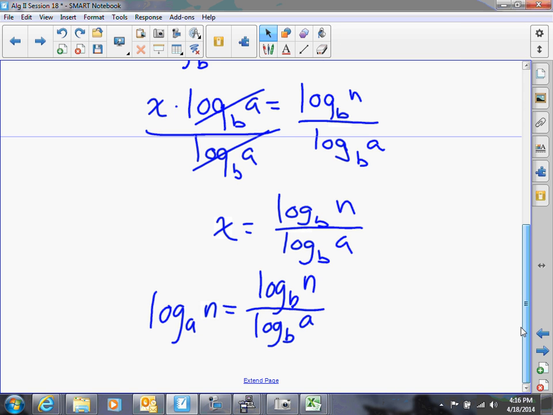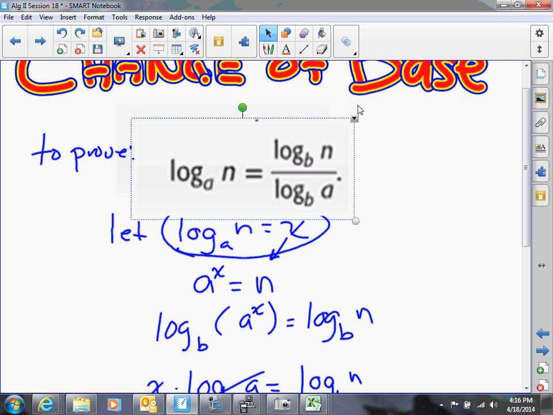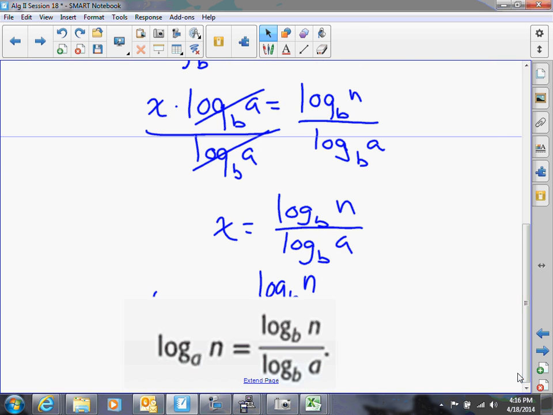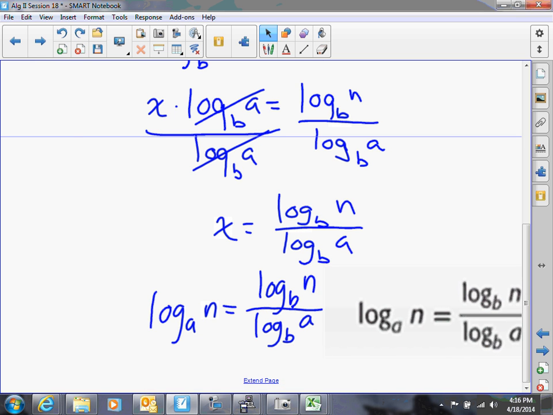Now, let's just go grab this and throw it down there and see if it compares with what we were trying to prove. Look, it's exactly the same. Ta-da! I told you so, or I'm finished, or however you want to interpret the QED.